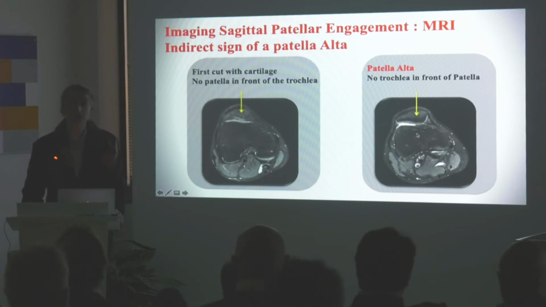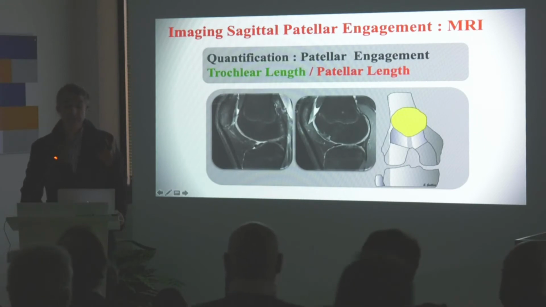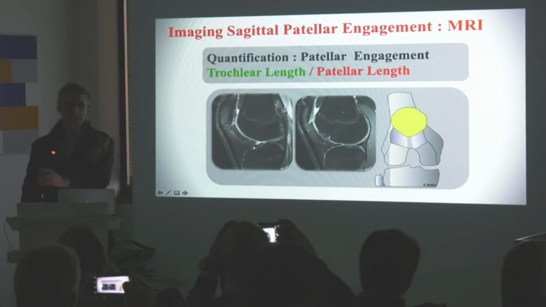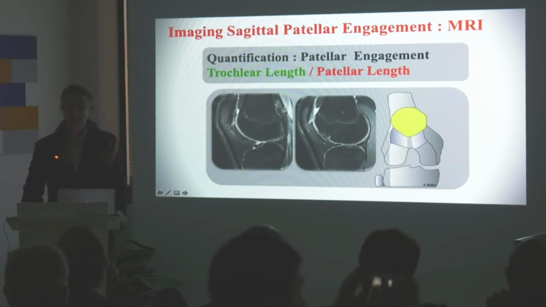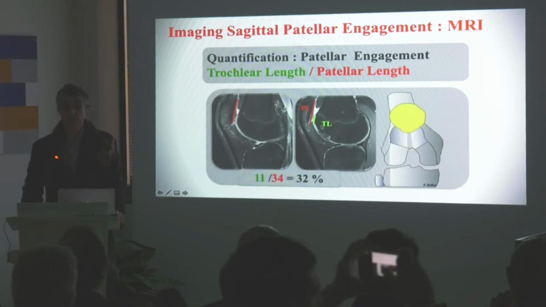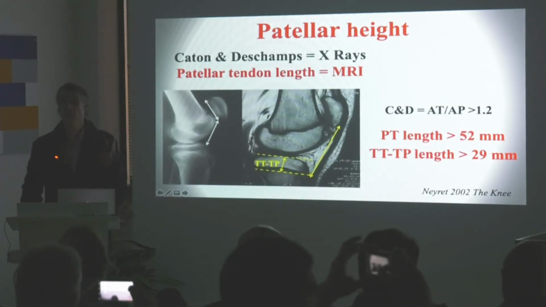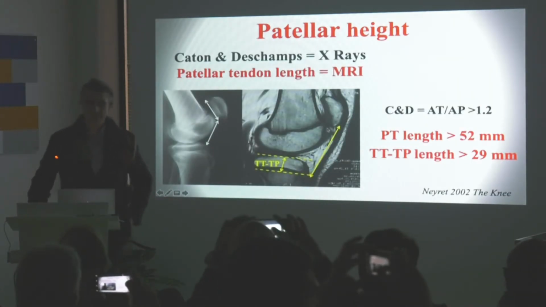So it's a good indirect sign of patella alta and a functional patella alta. So this is exactly what we are talking about, the sagittal engagement. You take two cuts, the one where you see perfectly the patella, the other one where you see perfectly the trochlea, and you do that ratio, and you will be able to know the engagement of your patella.